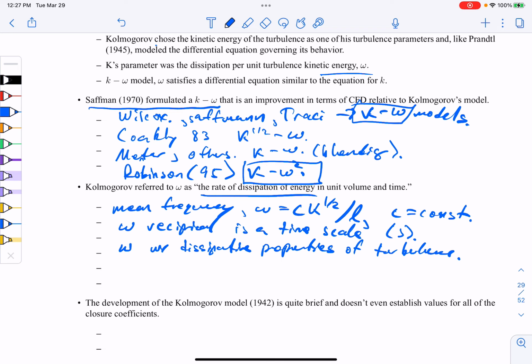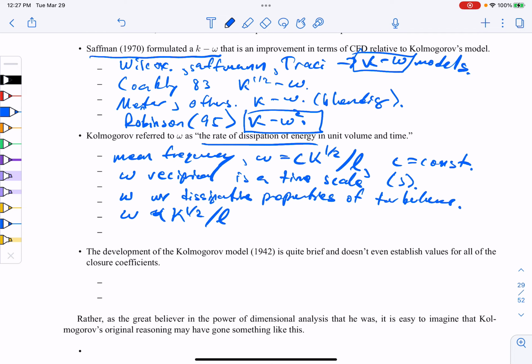Another way to look at it is to expect omega to be proportional to k to the half over L, which I noted up there. So that's the product of velocity and length scales, right? So that's proportional. I suppose you can take other scales of turbulence and try to make simple dimensional relations.